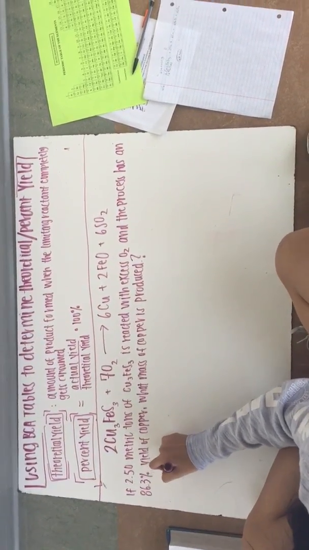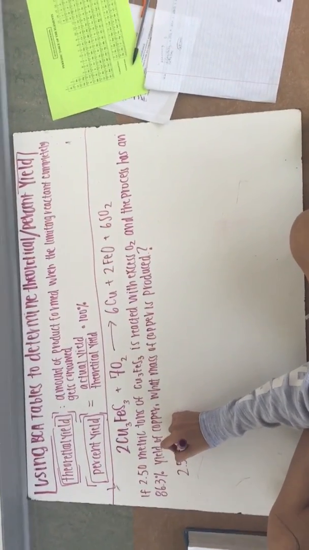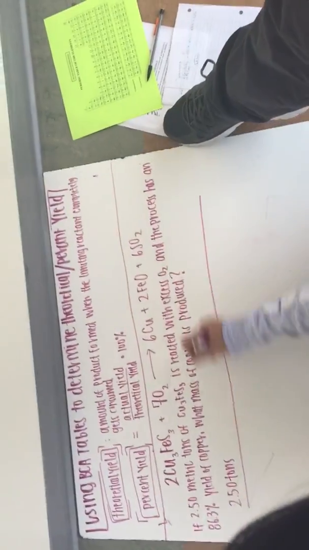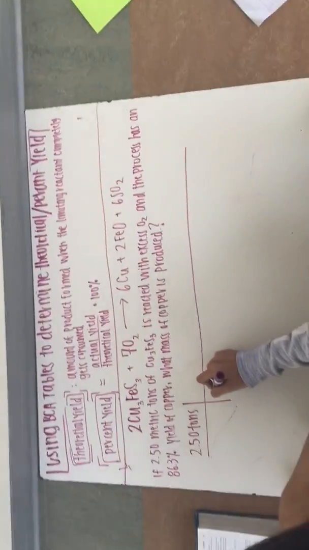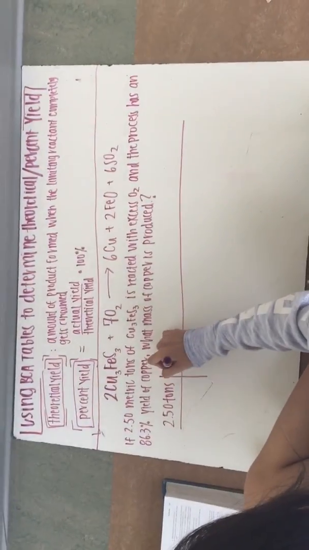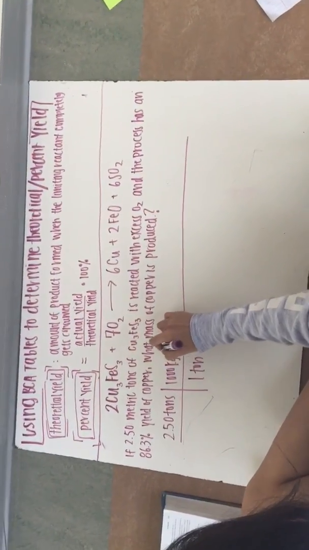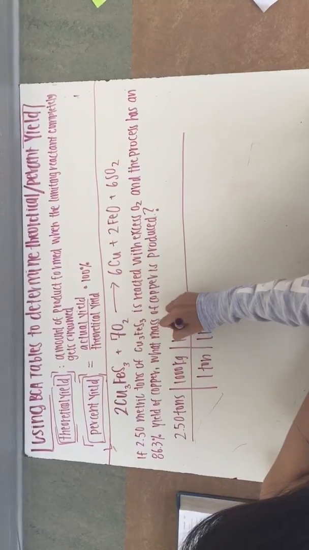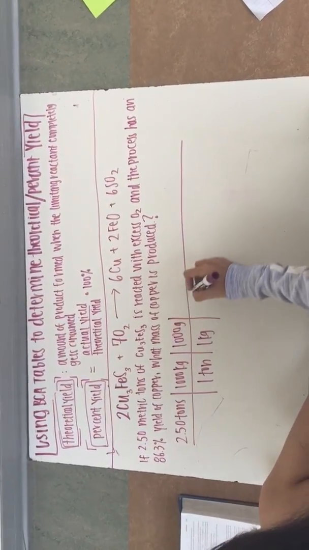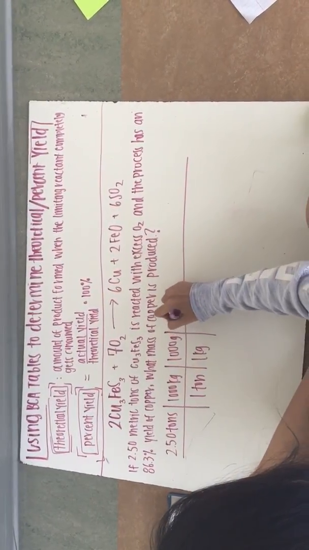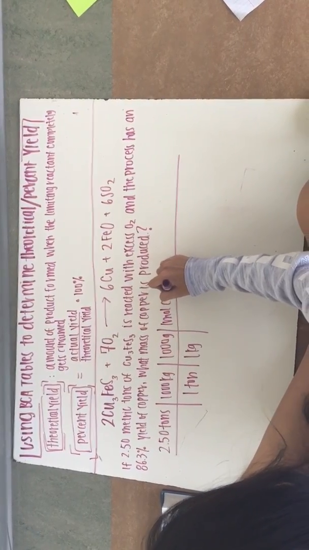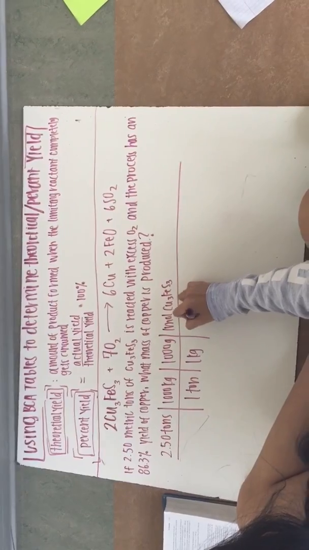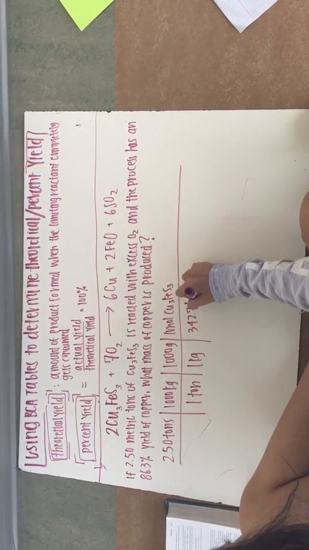So first you know that you have 2.5 tons, and you know that 1 ton has 1,000 kilograms and 1 kilogram has 1,000 grams, and in 1 mole of Cu3FeS3 there is 342.71 grams.